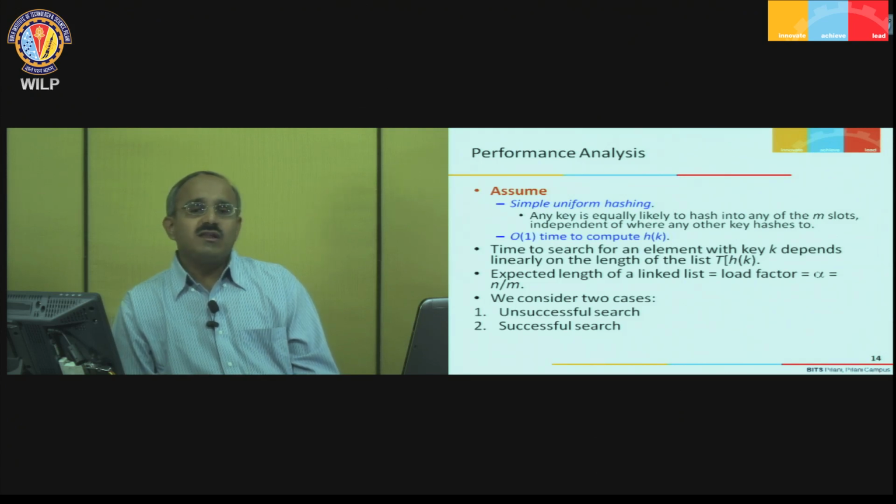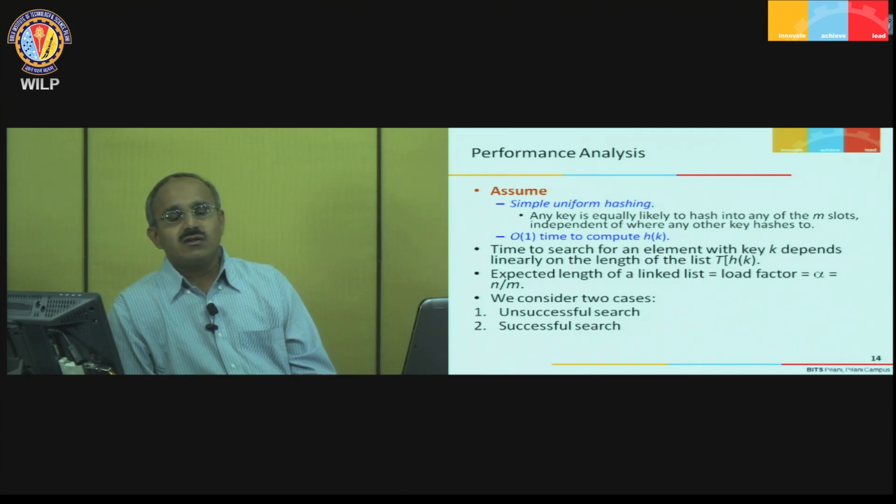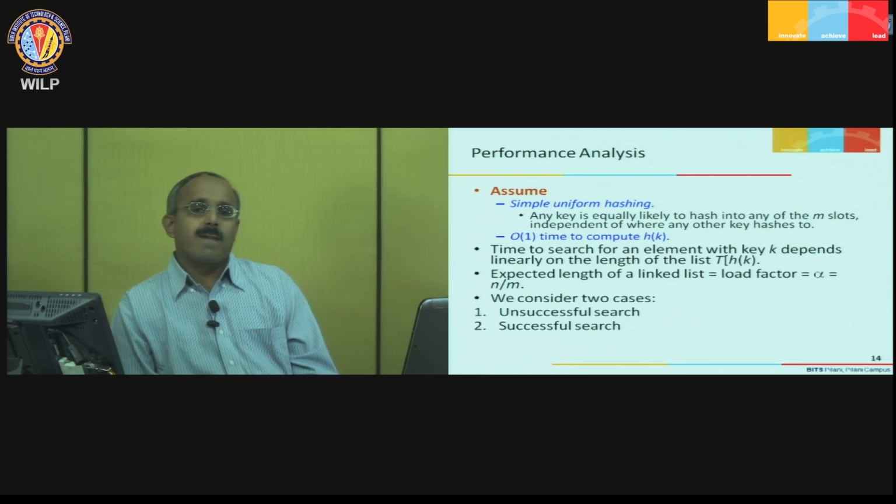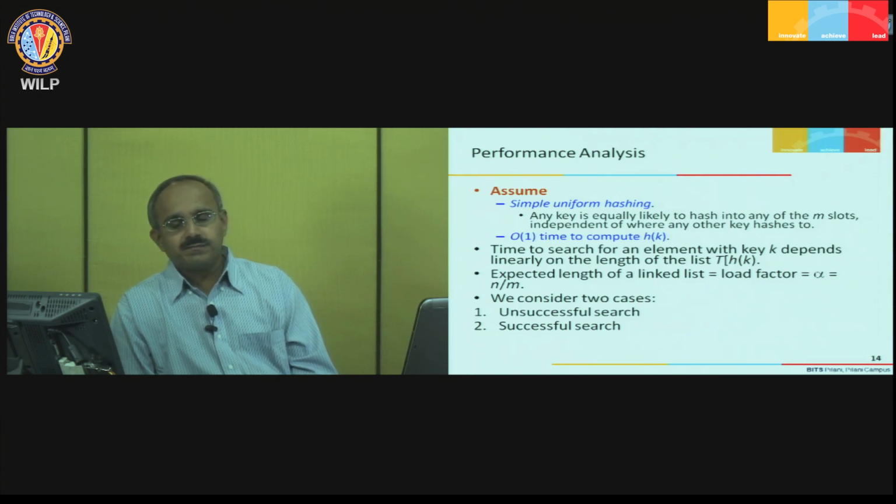Also, it is easy to observe that the time to search for an element depends linearly on the length of the list T[h(k)]. h(k) is the slot where key k is going to map to, and if you want to search for k, you have to search the linked list there. So, your search is going to depend linearly on the size of the list T[h(k)].